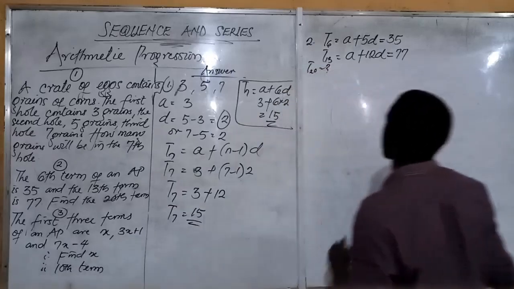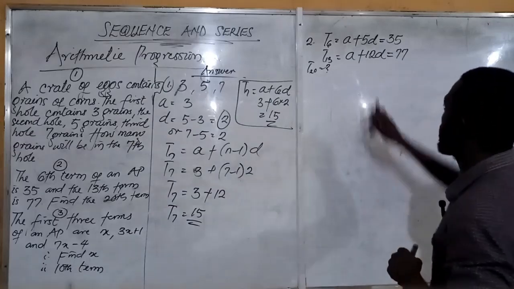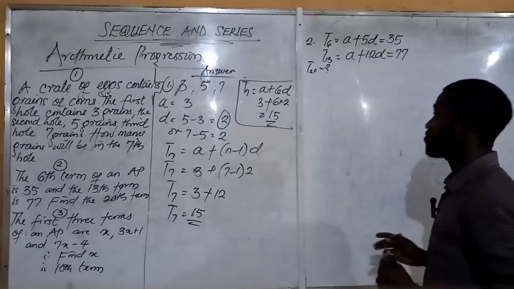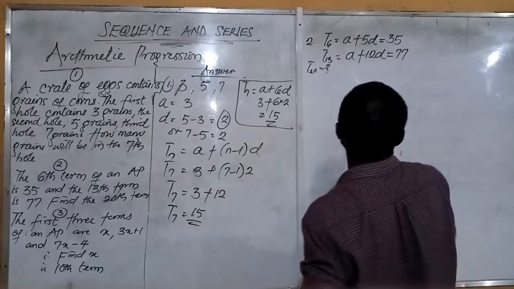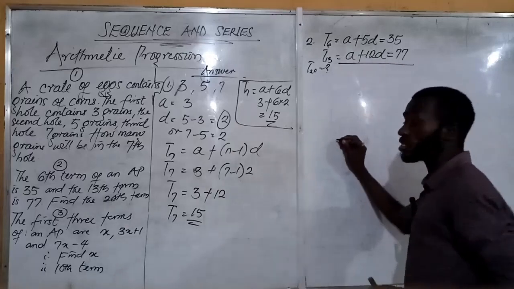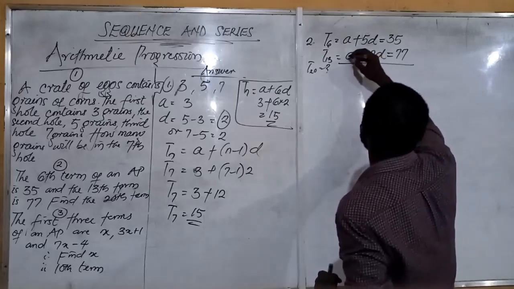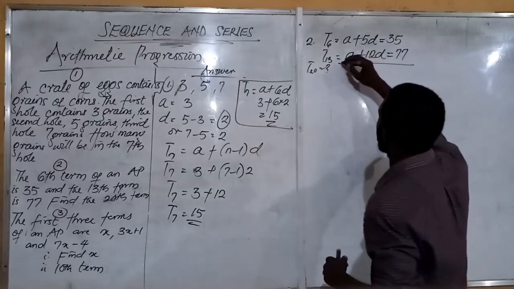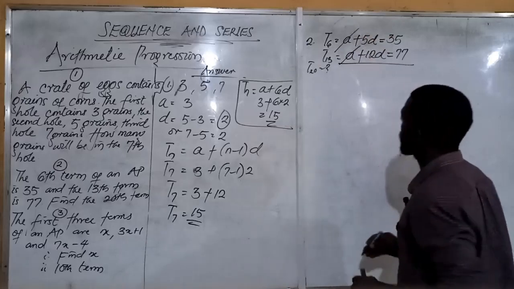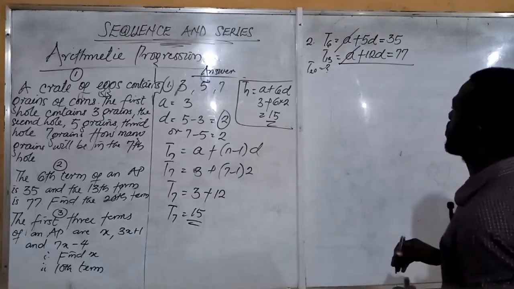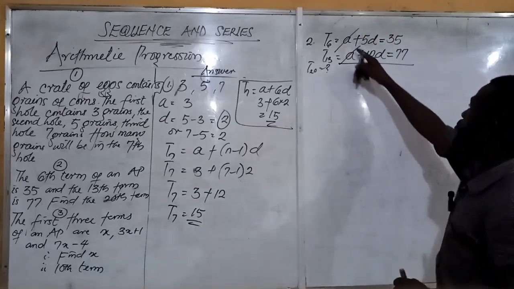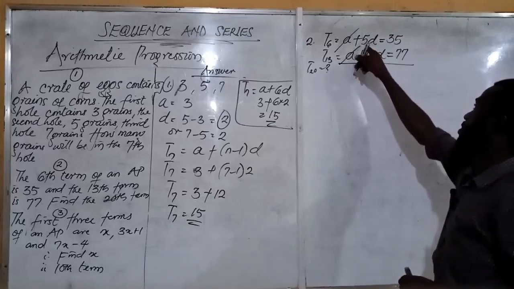Before I find T20, let me find what my first term and the common difference are. I could solve simultaneously. How do I solve simultaneously? I could easily use the elimination method, using subtraction. So I subtract this from this, and I subtract this from this.